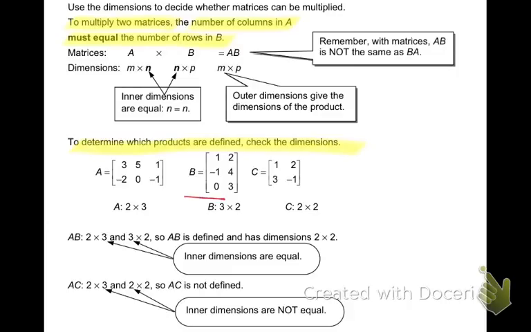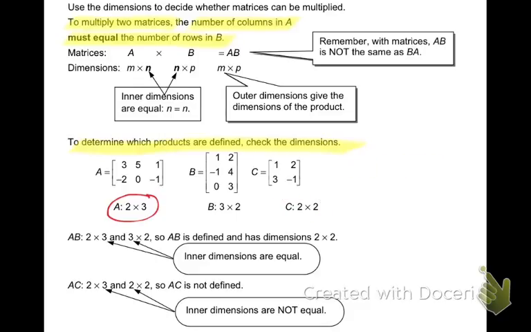For example, I can multiply A times B because they are the same. I can even multiply B times C because they are the same. But my question is, could I multiply A times C? No, because I have a 2 by 3 and a 2 by 2. I cannot multiply them because those two are not the same.